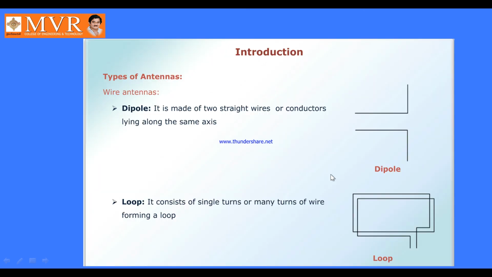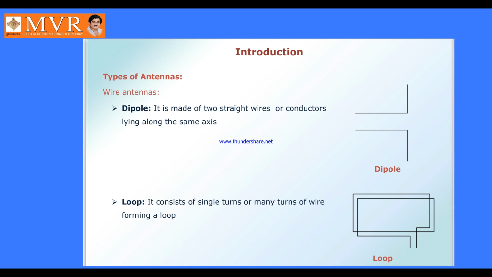We can define an antenna in different ways. One of the most popular is: an antenna is a metallic device used for radiating or receiving radio waves. Again, an antenna is a metallic device used for radiating or receiving radio waves.